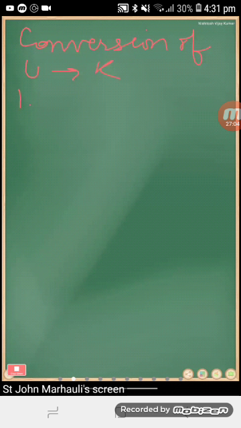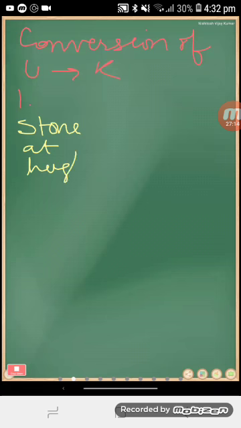Now, if you observe, I take the stone at a certain height. The type of energy present at that height is potential energy, most probably gravitational potential energy, because you are taking the stone from the bottom up to a certain height. So it is the gravitational potential energy present in the stone.